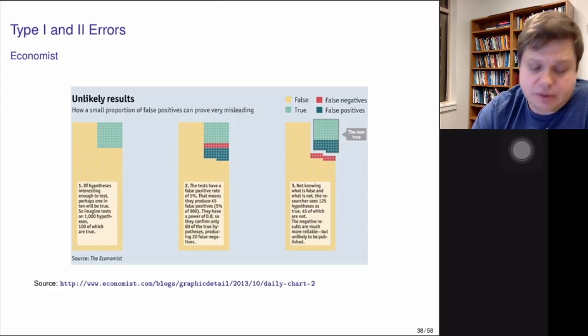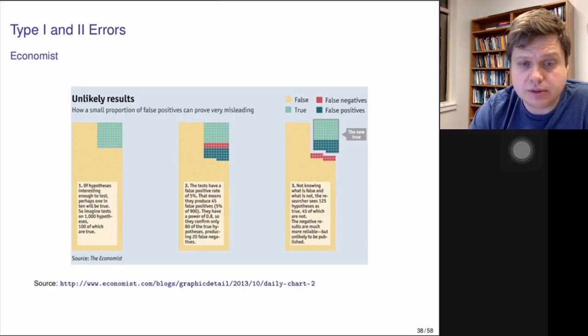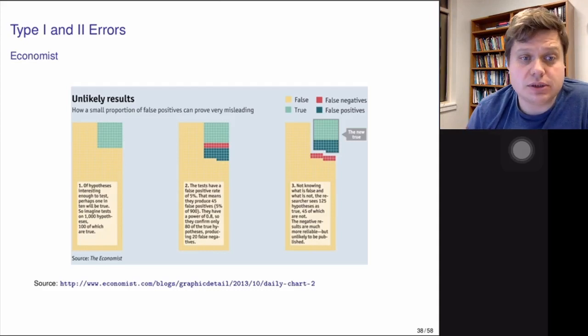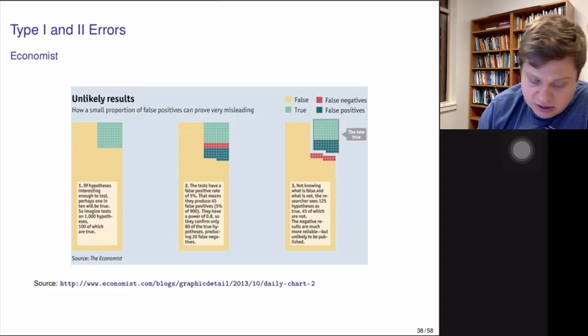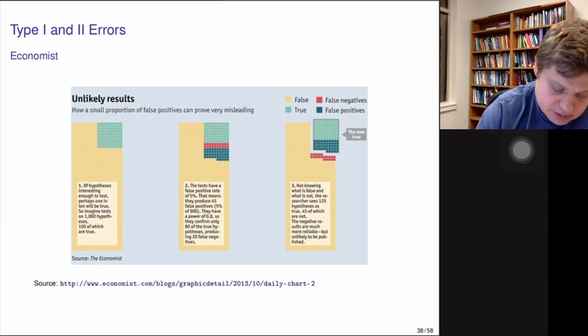Let's look at what happens when we do not properly report type 2 error and how it can lead to misleading results. Let's say we have 1,000 different hypotheses to test.